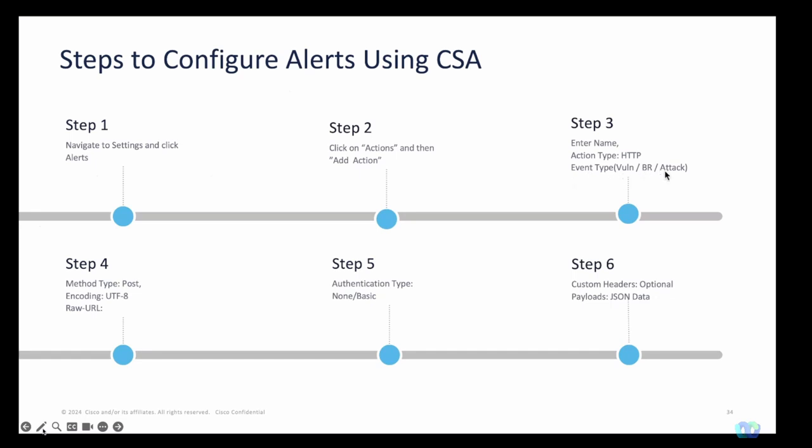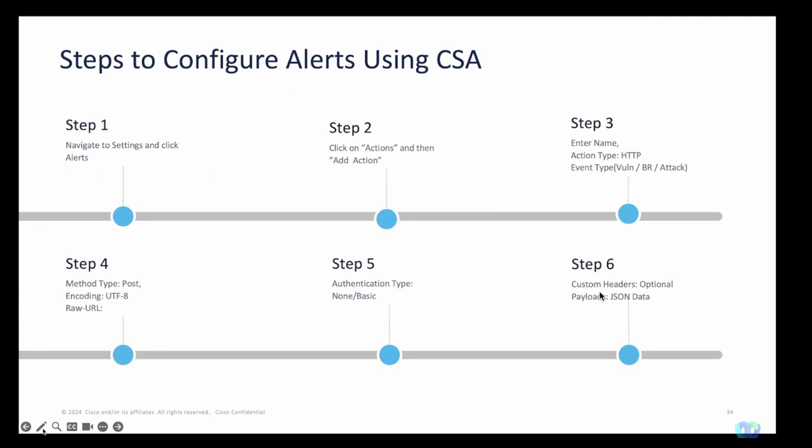And you choose the method, whether it's POST. I think POST is the only thing supported right now, and for authentication right now we have only basic auth supported. And we choose what payload needs to be sent to your HTTP endpoint. Okay, and that's it. You're done with your configuration, and at the end of the sixth step, you'll actually be able to get the curl, which you can use to test it out yourself.